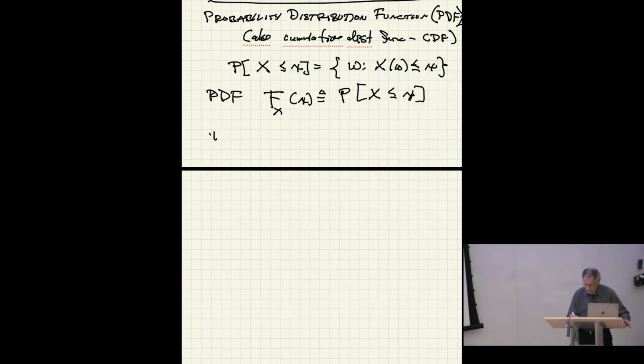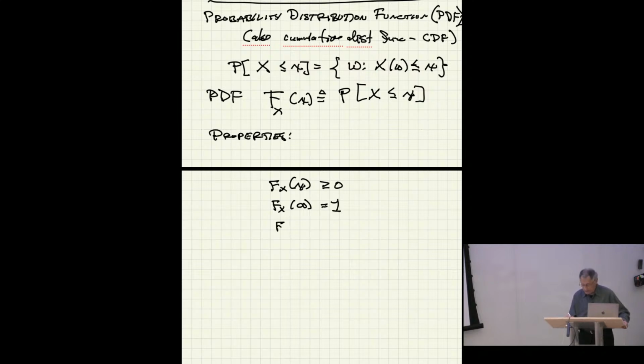What are its properties? Sorry, my writing is terrible. First of all, f sub x of x is always greater than or equal to 0. Secondly, f sub x of infinity for proper functions is always equal to 1.